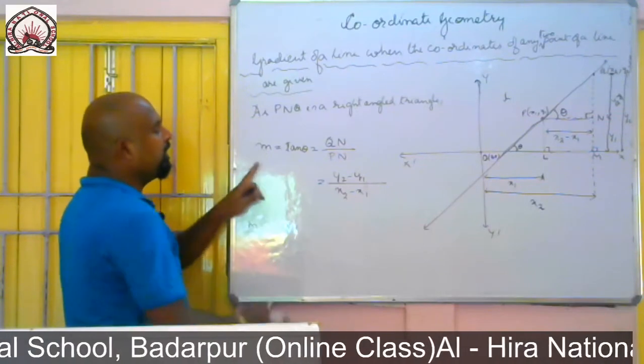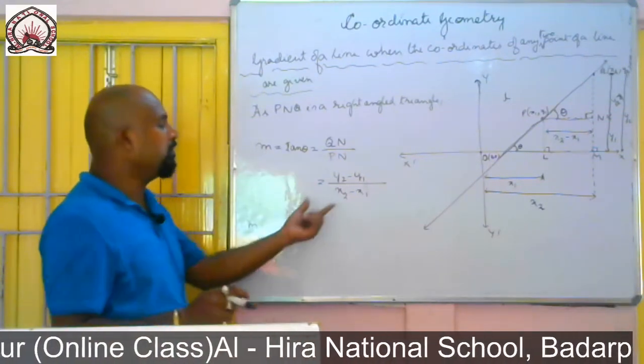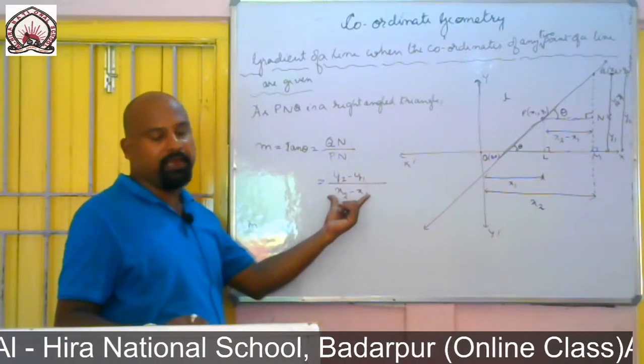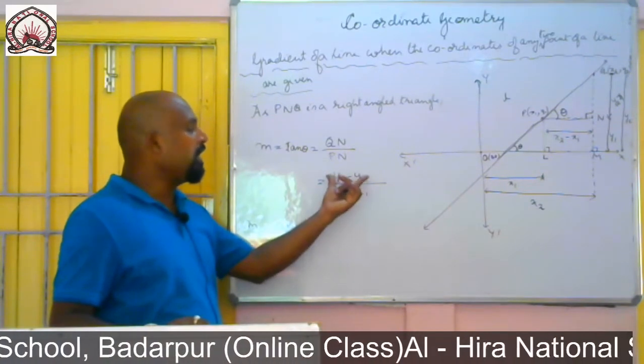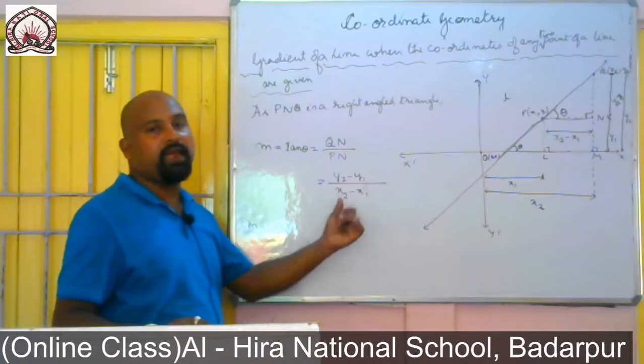So the slope of the line m equals tan theta equals y2 minus y1 divided by x2 minus x1. This is nothing but the difference in y coordinate divided by the difference in x coordinate.